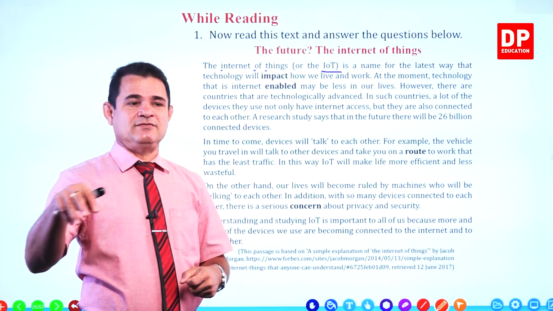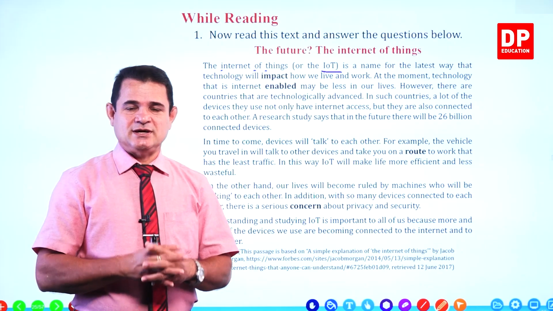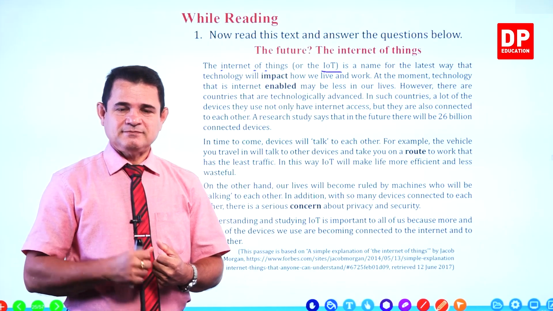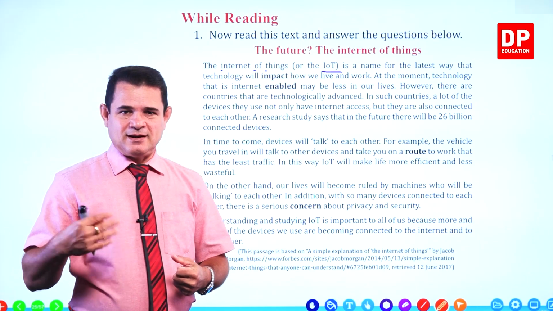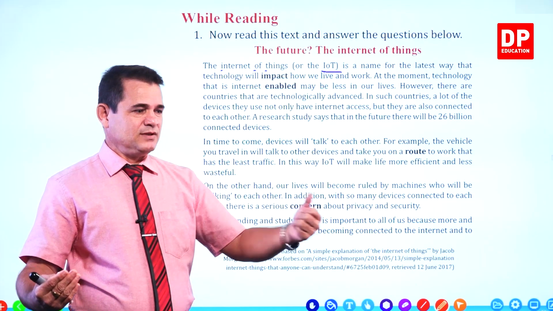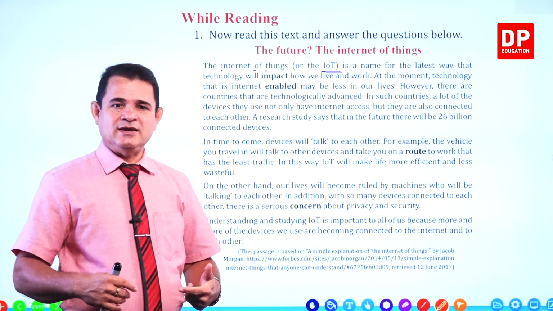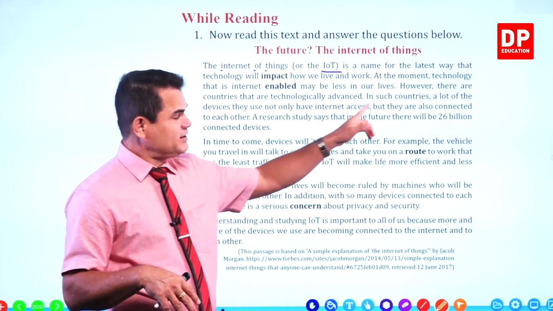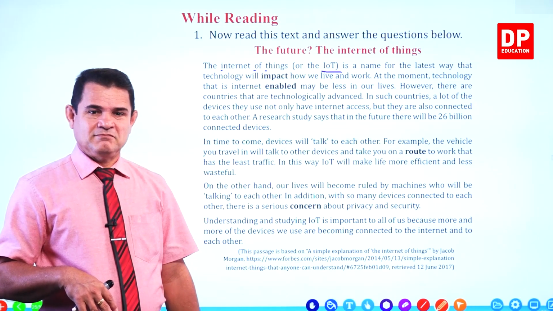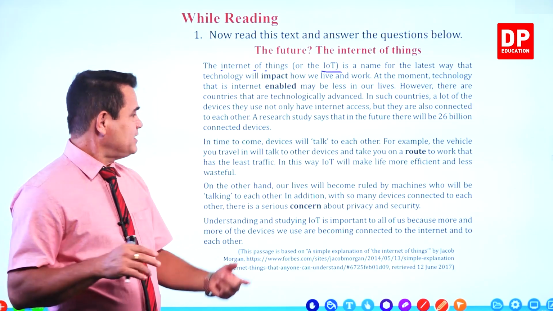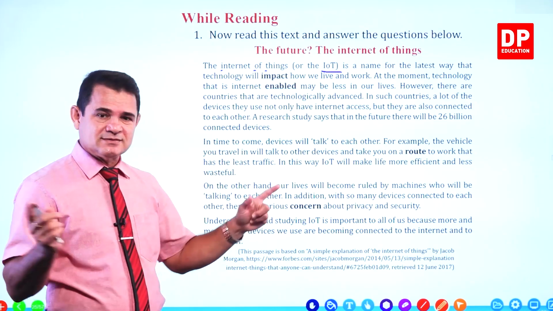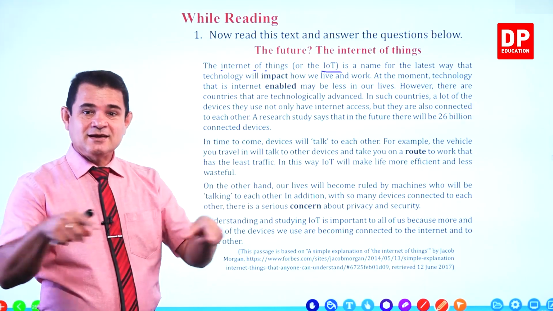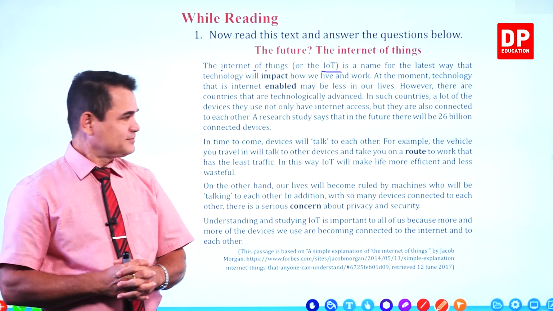That means different tools, items, things, විවිධ දේවල්, like mobile phones, laptop, maybe fridge, vehicle, different, ඒ හැම එකක්ම ඒ වගේ 26 billions. මෙච්චර ගාන තියෙයි, හැබැයි ඒවා ඔක්කොම connected devices, ඒවත් එකිනෙක connect වෙලා තියෙන්න පුළුවන්.